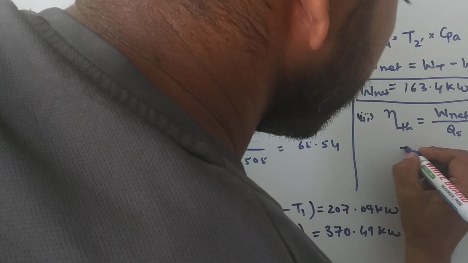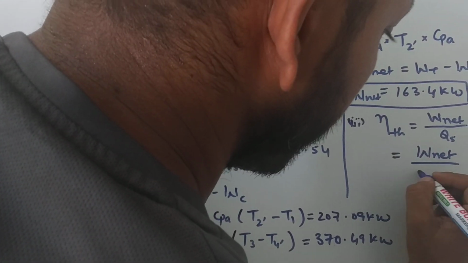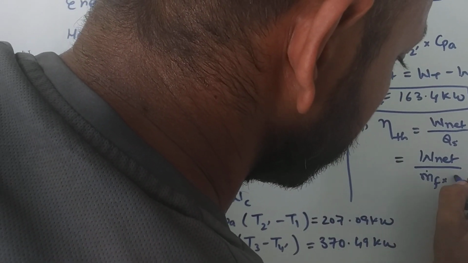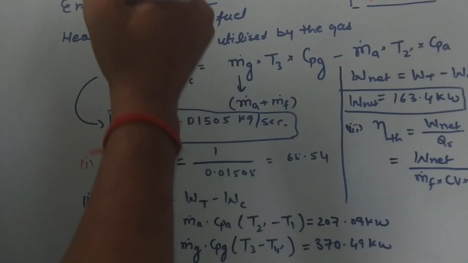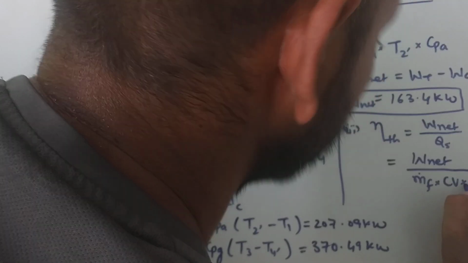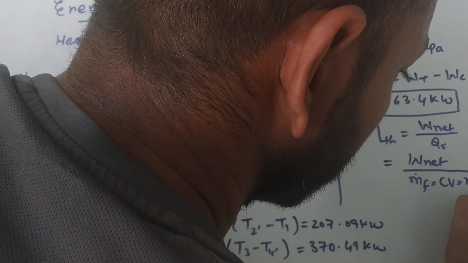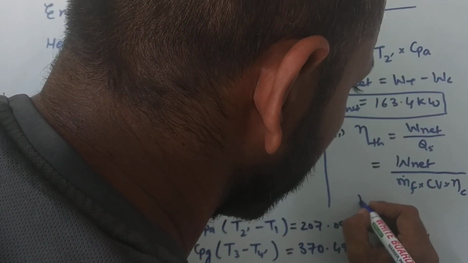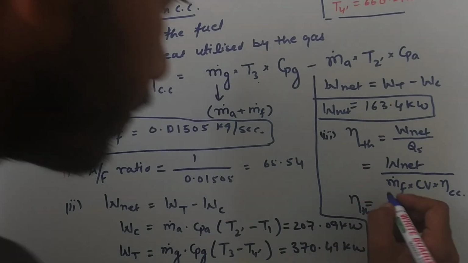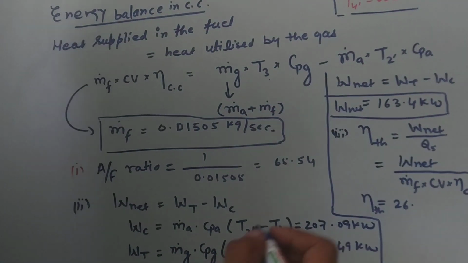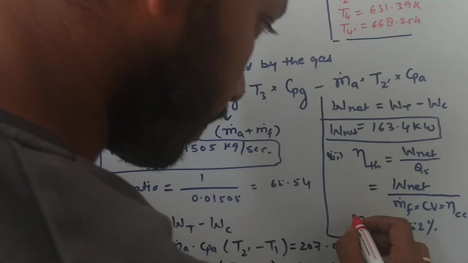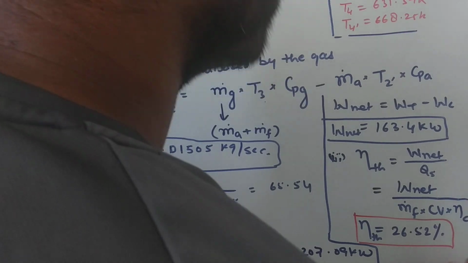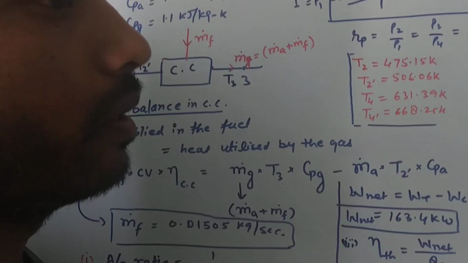We can write W net divided by mf into CV, the heat supplied, multiplied by the efficiency of the combustion chamber, which is given as 95%. On putting in all these values, we will get the efficiency as 26.52%. This is the value of the thermal efficiency of this thermal power plant.